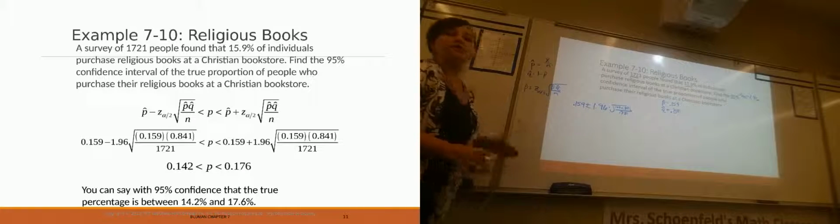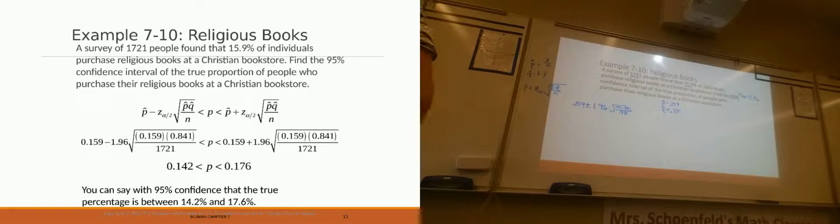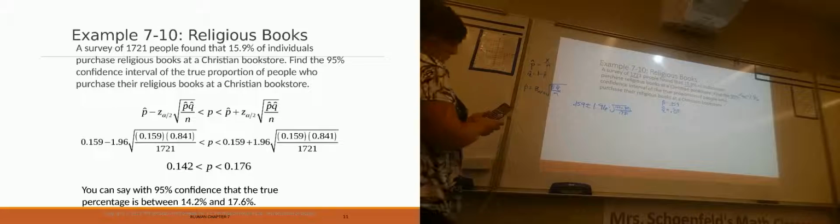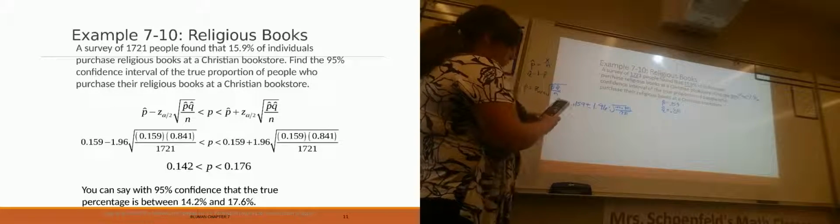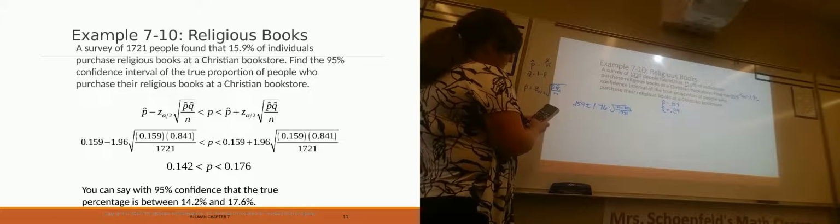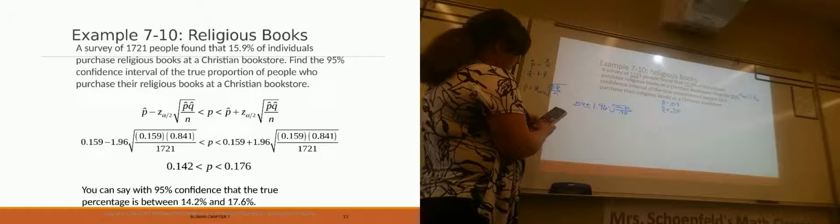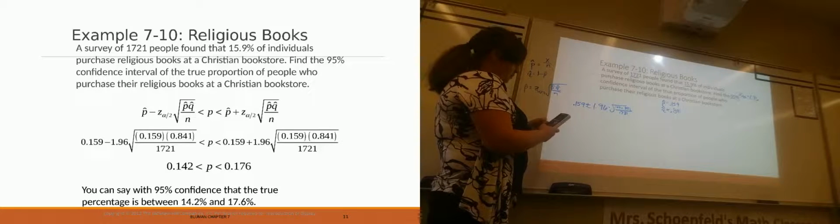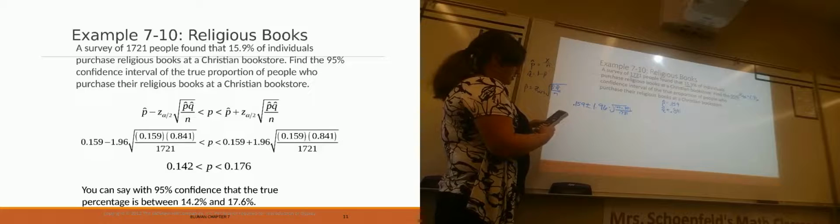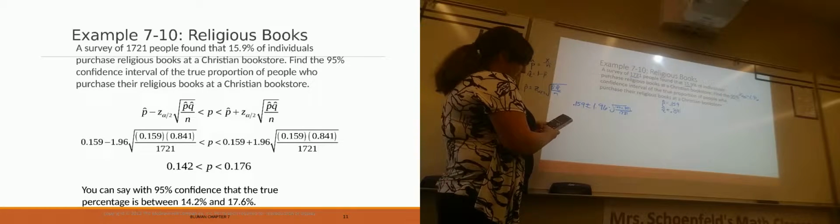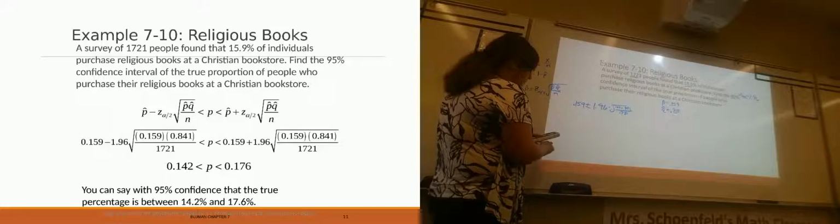Do that piece in your calculator, multiply it by 1.96. So I have 0.159 times 0.841 divided by 1721. Square root of that, times 1.96. Tiny numbers again.